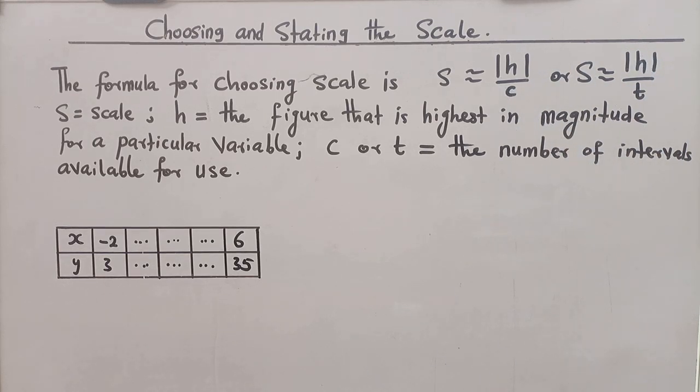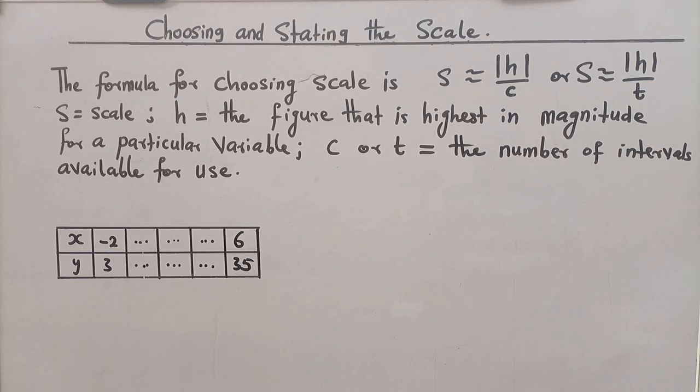The reason is that in this work of graph, we have seen this C being used to represent intercept, vertical intercept. So to avoid confusion, let us not use it here, but just recall that it is here. We choose to use T. So the formula for finding scale is S is approximately equal to H over T.